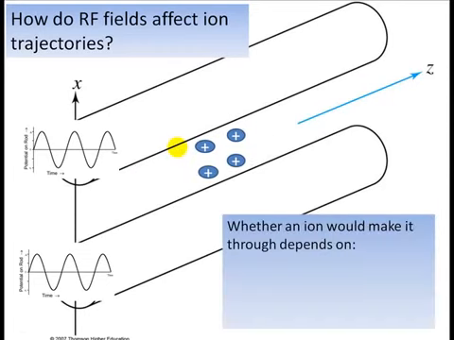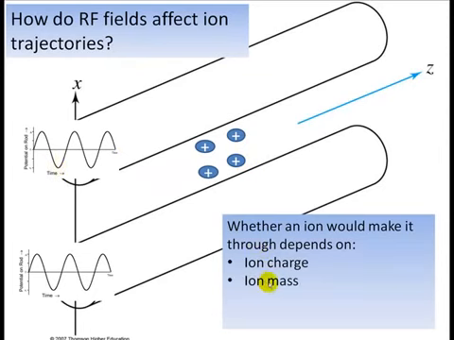Whether or not an ion actually makes it through this situation where there's an RF field only depends upon several factors. One is the charge of the ion. If the charge on the ion is large, there are strong forces on it, and it will accelerate quickly, which increases its chance of smashing into the rod when the rod has a negative voltage. Ion mass also factors into the physics of the motion.